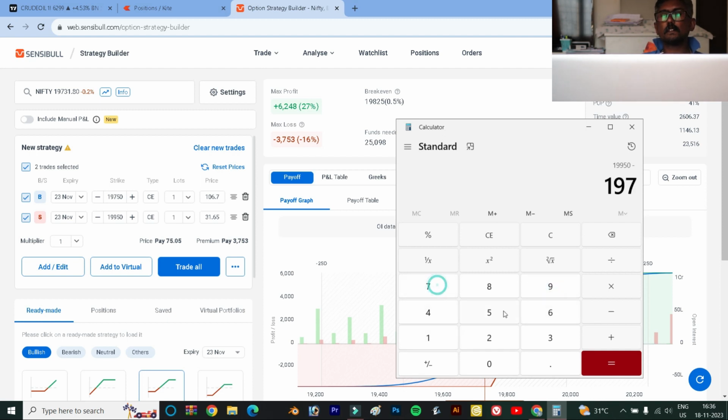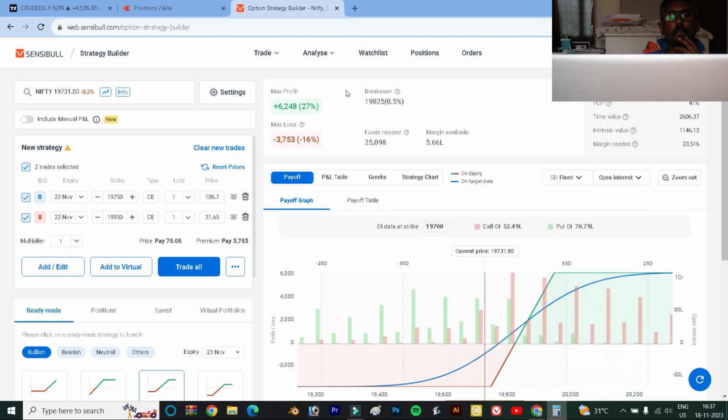Okay, here 9950 minus 9, how much, what is the buying? 9750, that is 200.